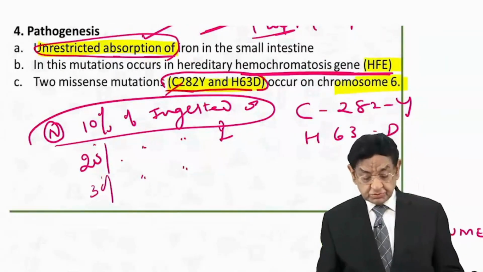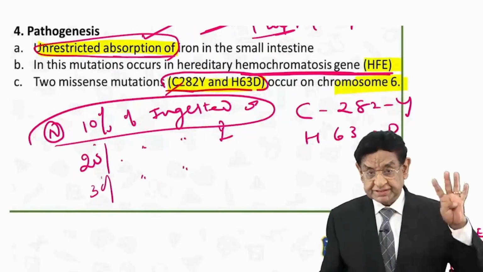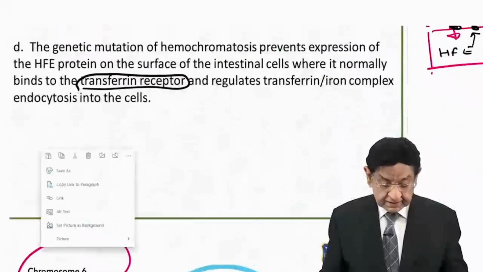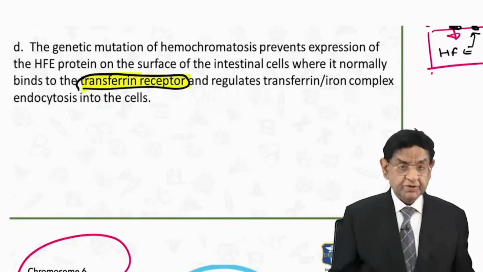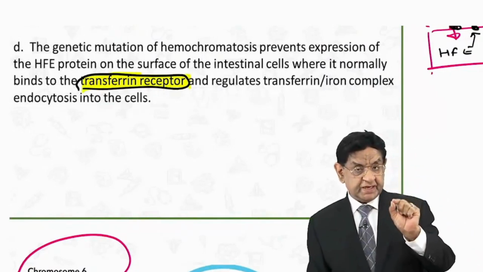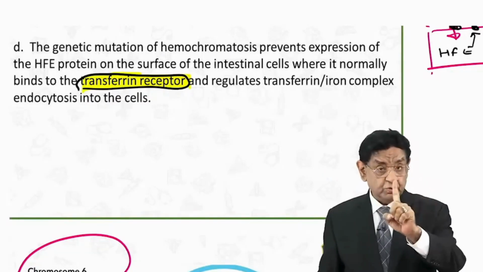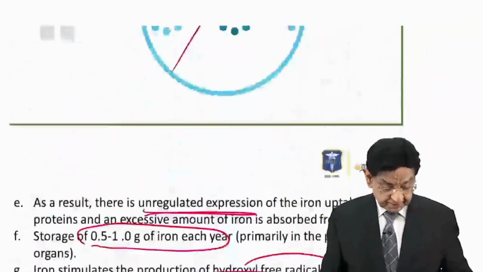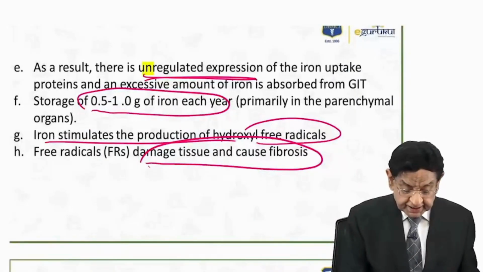So there are 4 keywords in this particular slide. And transferrin receptor, where the HFE gene comes and regulates. So only one keyword here is transferrin receptor, and after that unregulated iron absorption.